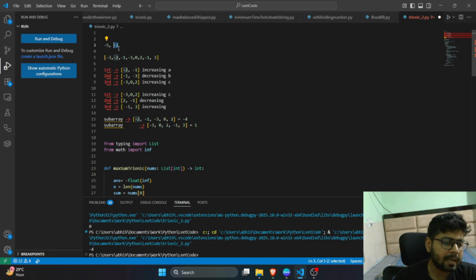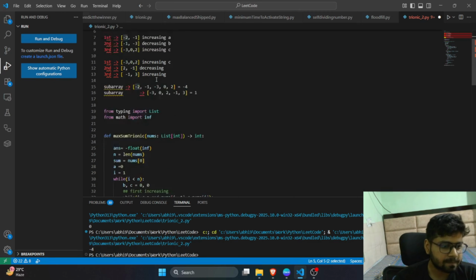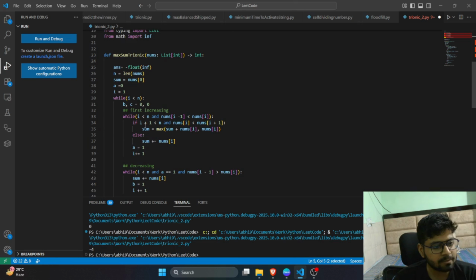Then we will take the maximum of all the previous elements up to the current element. That's why we are checking whether the next element is increasing or not. And if it is not increasing, then we simply add the element nums[i].